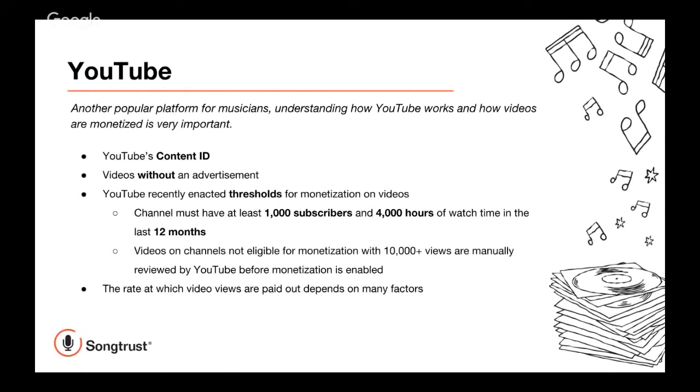Parties who have access to Content ID can claim user-generated content, and essentially claiming just means that you can put an advertisement on a video to monetize it. So, a publisher will be able to do that for you. I'll try and explain how it works, but essentially in an ideal situation, your distributor or your label will deliver their metadata, so the artist name, the release date, album name, all of that, and an audio file.